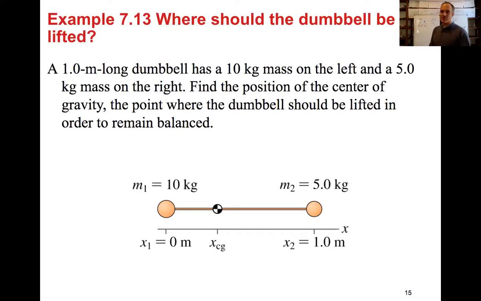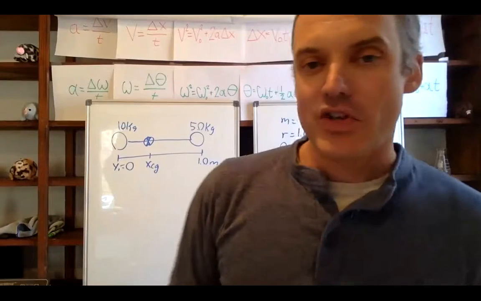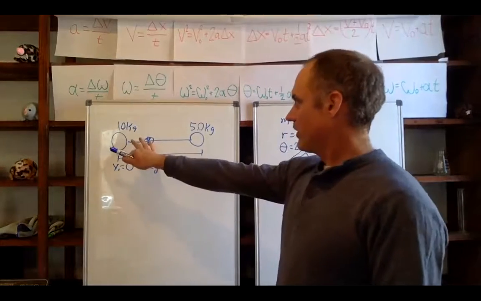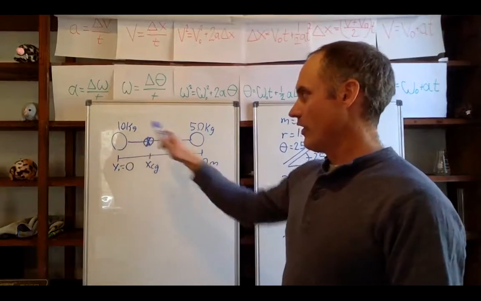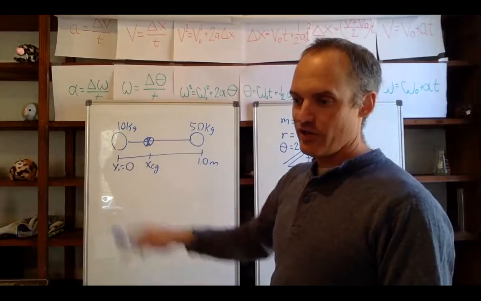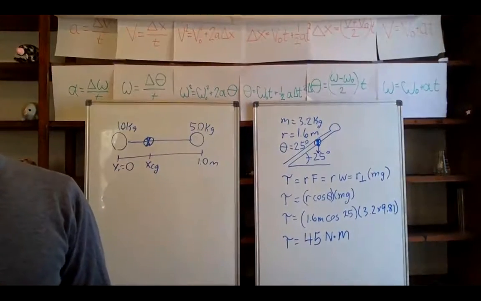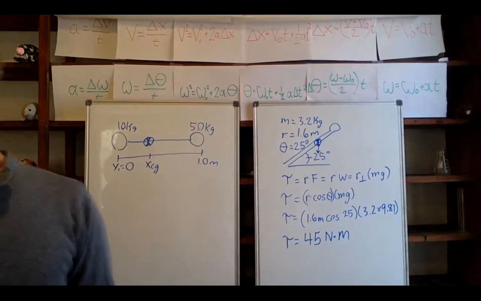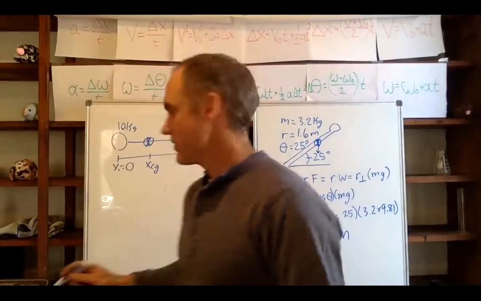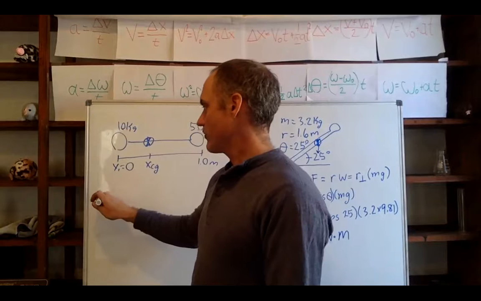CG stands for center of gravity. All right, let's look at this together. So we have our dumbbell here, 10 kilograms on one side, 5 kilograms on the other. That's just an approximation of where your center of gravity is. And what we want to do, using the equation that we just saw, is calculate your center of gravity.